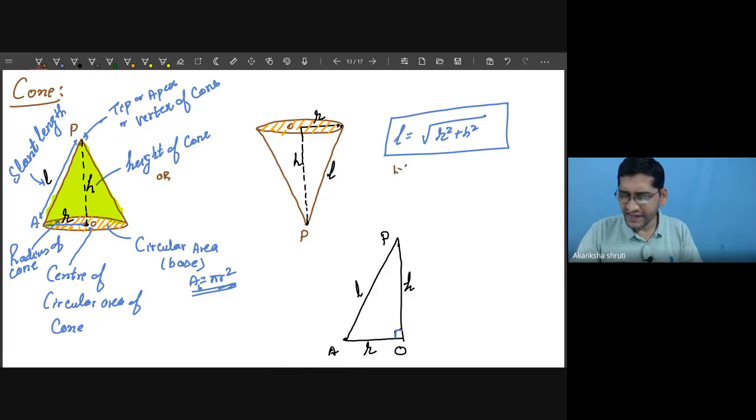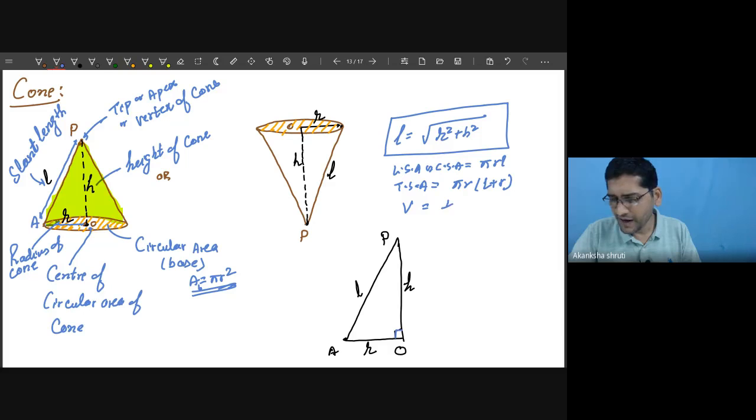Another is the LSA, the lateral surface area or curved surface area, obtained by pi RL. Then the TSA is obtained by pi R times L plus R. Then the volume is obtained by 1/3 of pi R square H.